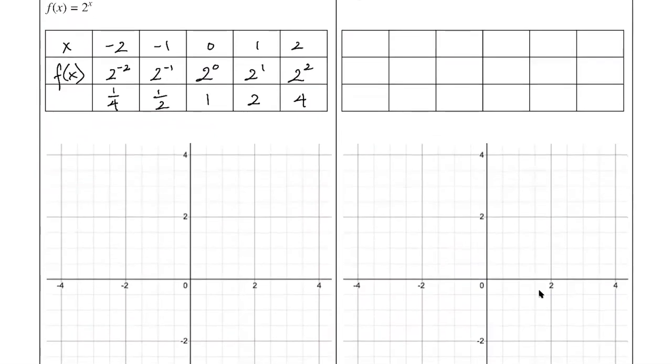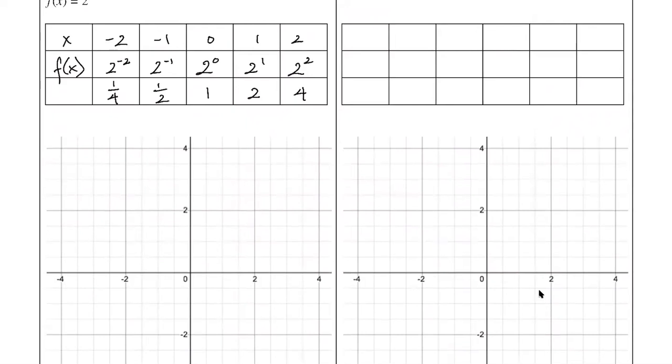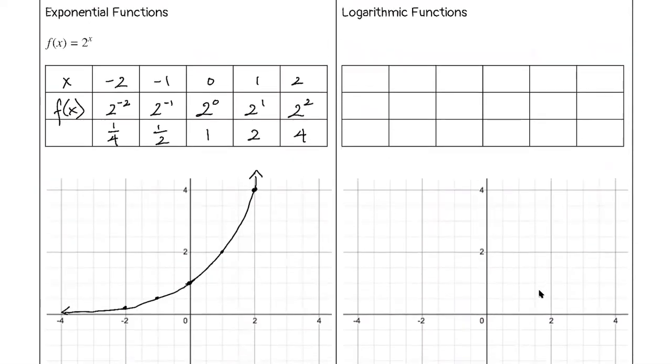And then we plotted those points and we got (0, 1), (1, 2), (2, 4), (-1, 1/2), and (-2, 1/4). And so we've got our exponential curve.